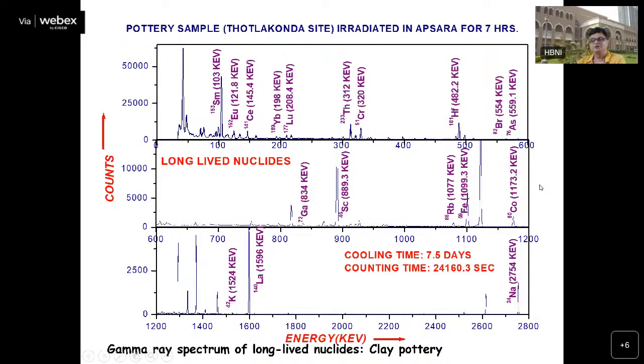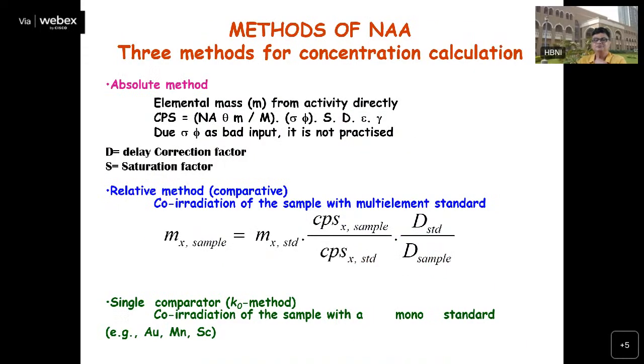So many radionuclide elements are there in those 40 samples. These are the signatures one can obtain, since samples from various regions have different elemental compositions. So by doing neutron activation analysis, one can pinpoint which region a sample belongs to.